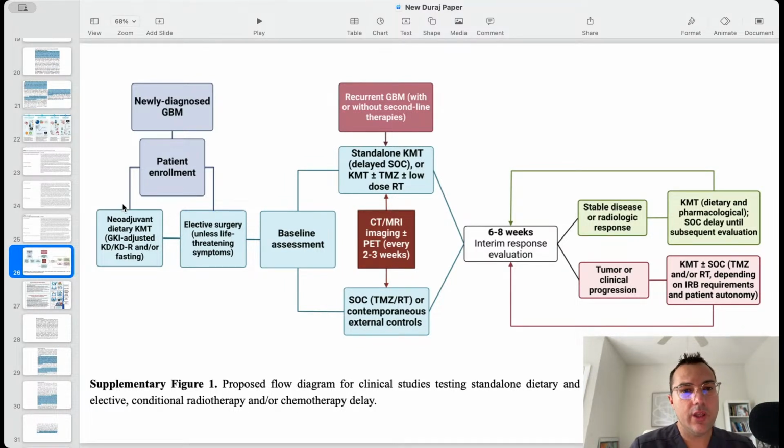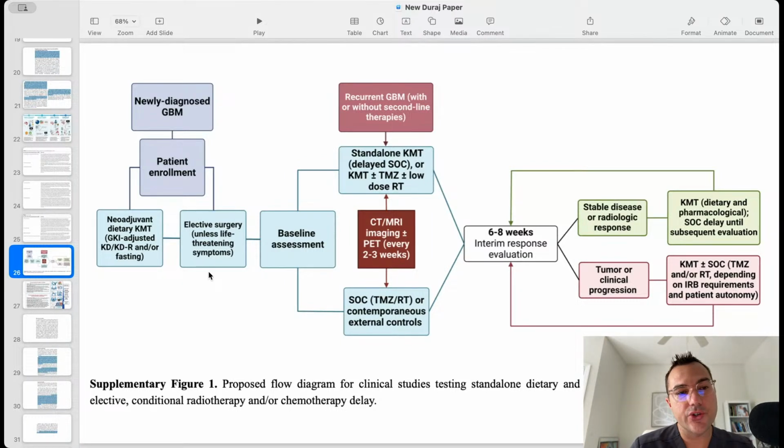So, in oncology, there's this idea of neoadjuvant versus adjuvant chemotherapy, right? So it's using the same verbiage as we would use for chemo. Neoadjuvant generally means before surgery, and adjuvant means after surgery. So they're saying basically before any surgical interventions even start, just get yourself on a ketogenic metabolic therapy, GKI adjusted and or fasting, before you even start.